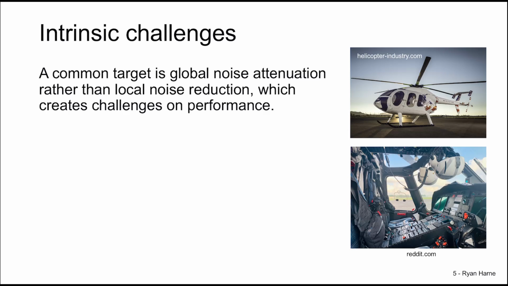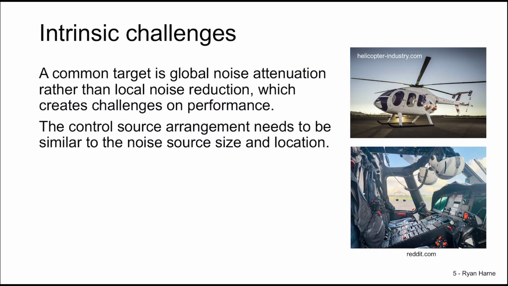But there are a number of intrinsic challenges to achieving active noise control, especially with global noise attenuation. The control source arrangement needs to be very similar to the noise source size and location. Ideally, we want our control source to be located coincident with the noise and be of exactly the same size.